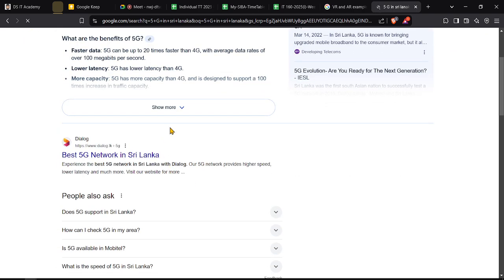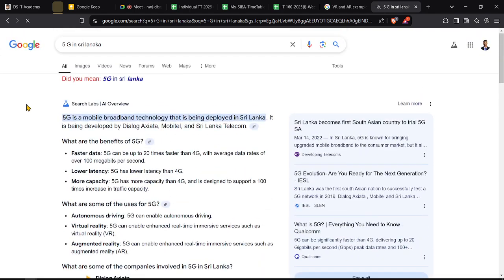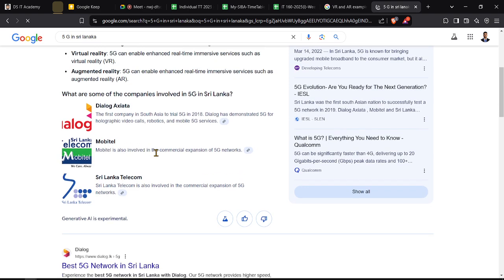Now these mobile service providers are having campaigns, and here this is the AI generated result. Here they say these three companies. Is it not working correctly? Maybe they should update the infrastructure.